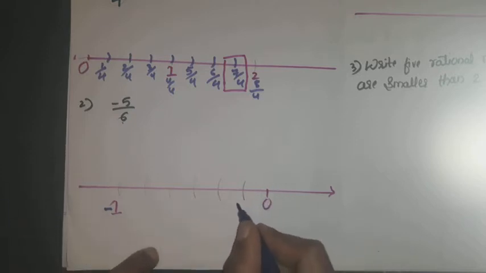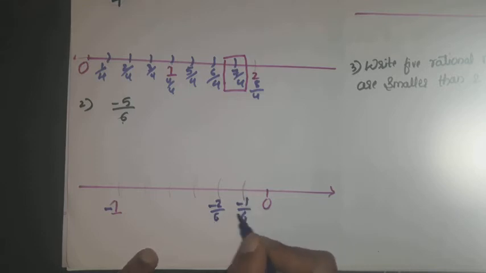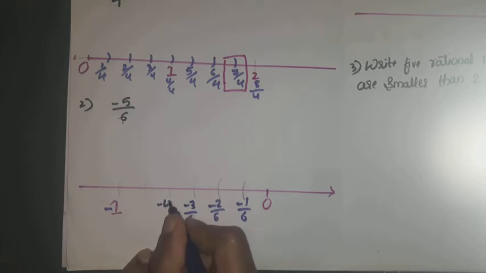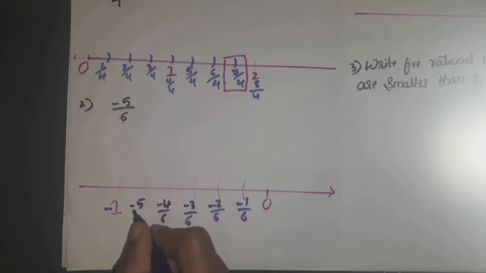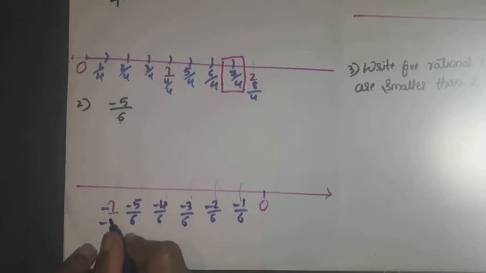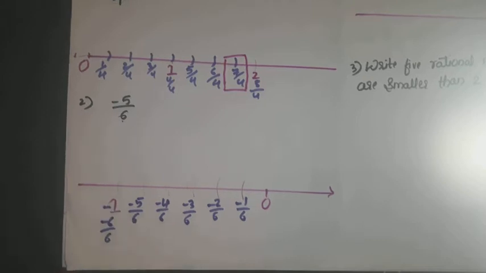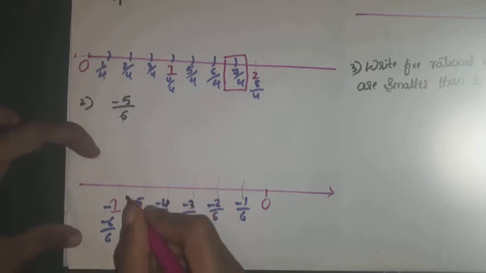This is minus 1 by 6, minus 2 by 6, minus 3 by 6, minus 4 by 6. Next minus 5 by 6. This is minus 6 by 6, which is minus 1. So now we need to denote minus 5 by 6. Minus 5 by 6 is this.